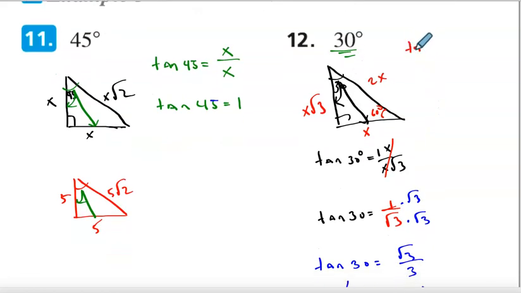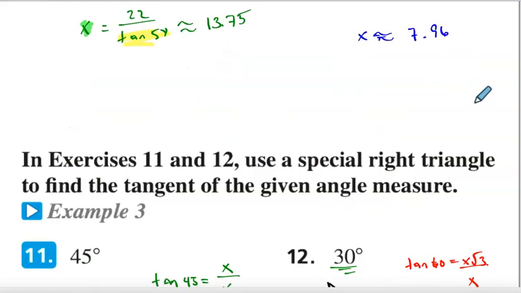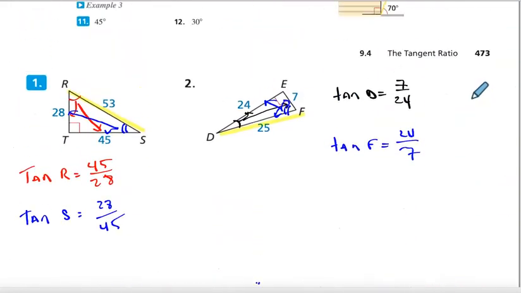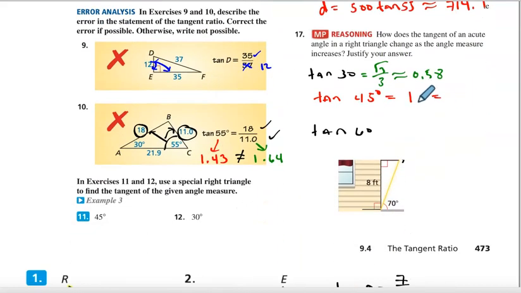The tan of 60 is going to equal the opposite, which is x radical 3, over the adjacent, which is x. So the tan of 60 is just equal to the square root of 3, which is equal to approximately 1.7.